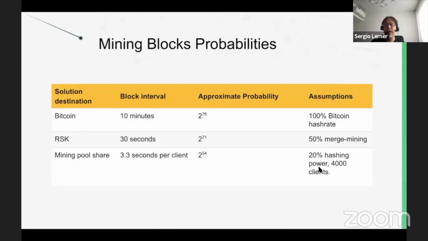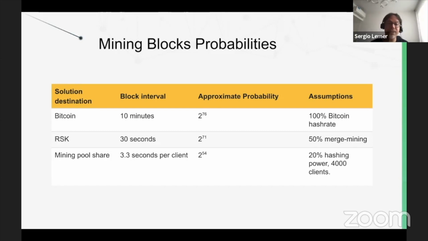So if we take a look at these probabilities, these difficulties, a Bitcoin block is created every 10 minutes, and the approximate probability of finding one of these blocks is 2 to the 66 power, and the RSK block, which is produced approximately every 30 seconds, is almost as hard as a Bitcoin block to produce, it's 2 to the 71 power, okay?